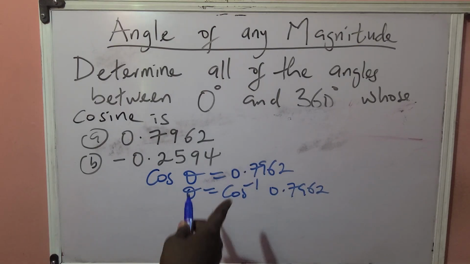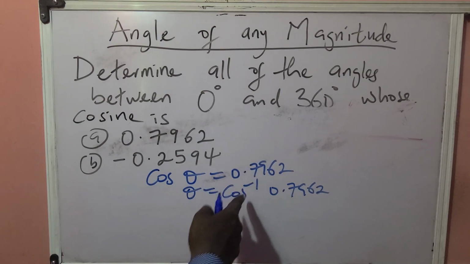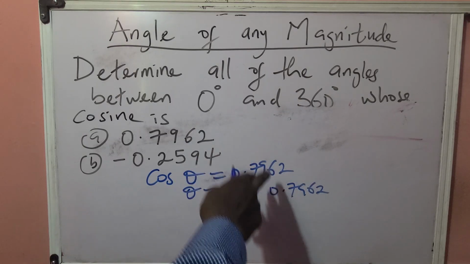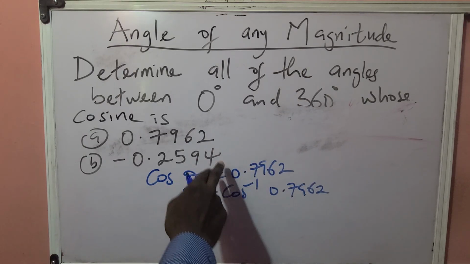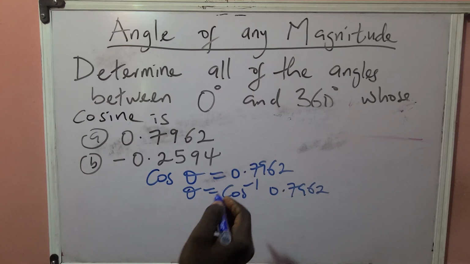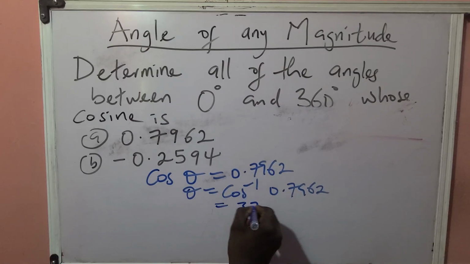At this stage, whatever sign was here, either positive or negative, just ignore it and use it straight. Don't fix in a minus sign here. Just use it straight up like that. So we go on to find the arc cos of this. So the arc cos of this will be 37.23.